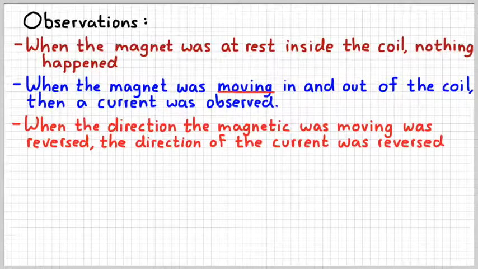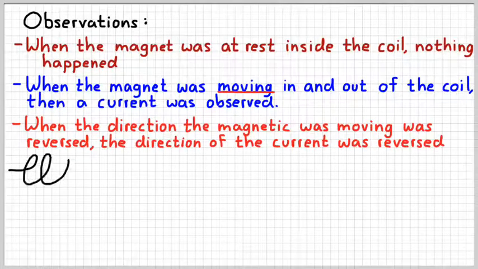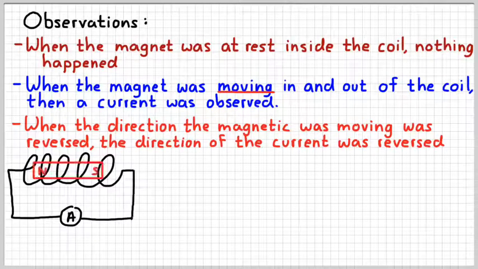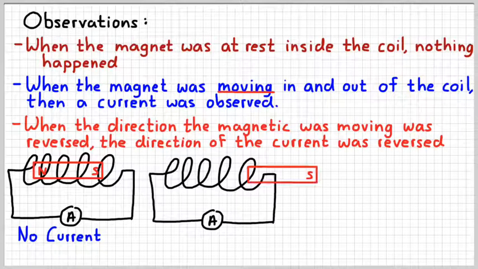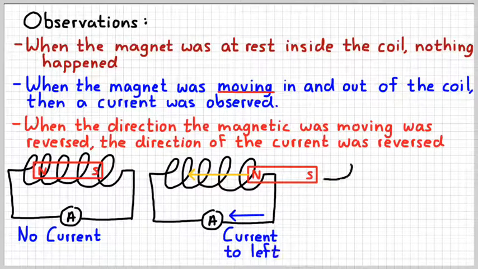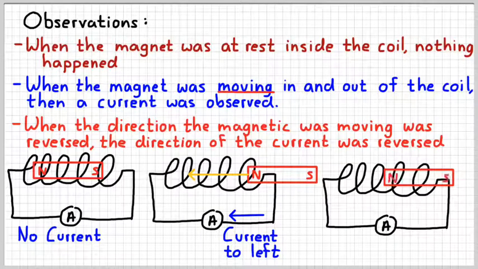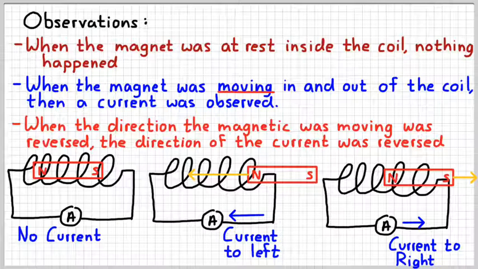And so to kind of summarize that in picture form, when we had the magnet at rest, nothing happened. When the magnet was moving, then we saw a current created. And then when we moved the magnet in the opposite direction, the current went in the opposite direction.